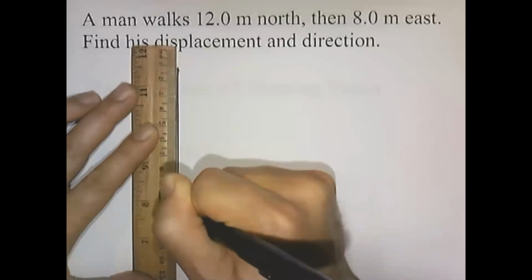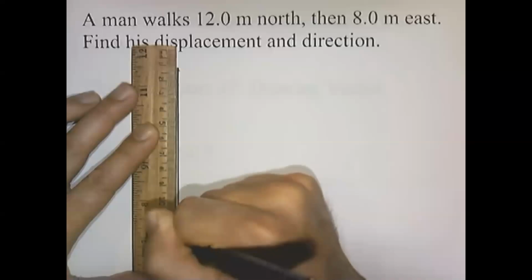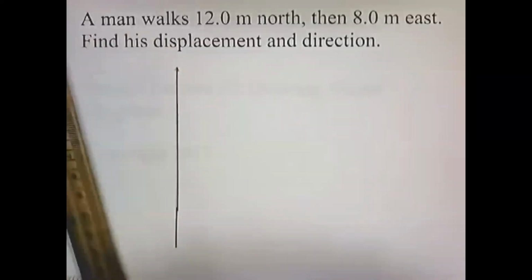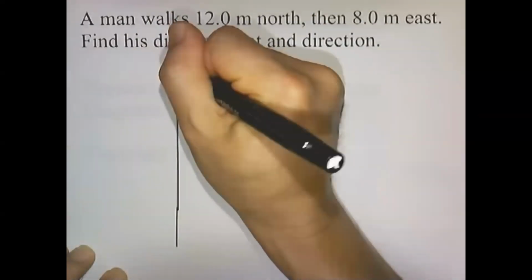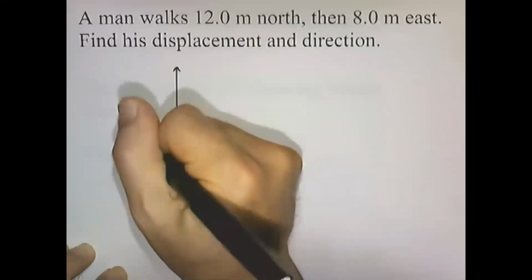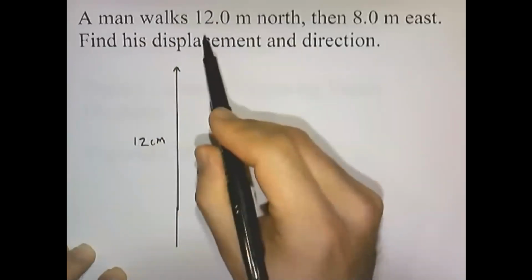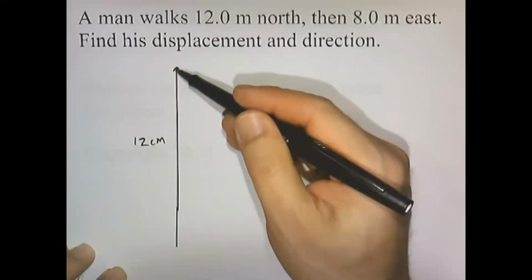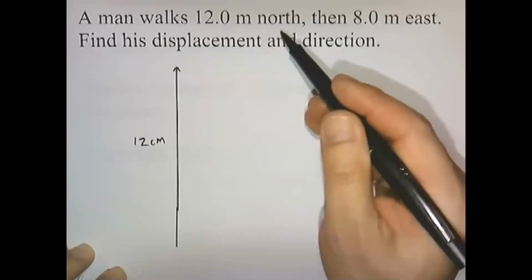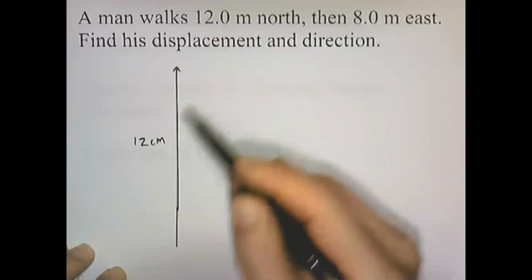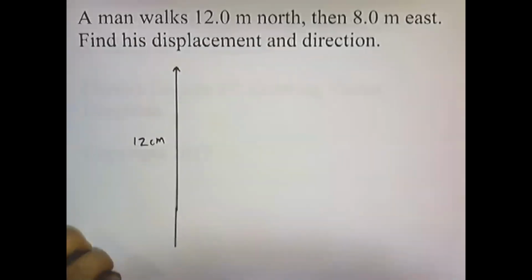Not the prettiest, but it works. So our first vector to represent 12 meters north, we draw a line pointing up or north, and we'll make it 12 centimeters long to represent 12 meters.